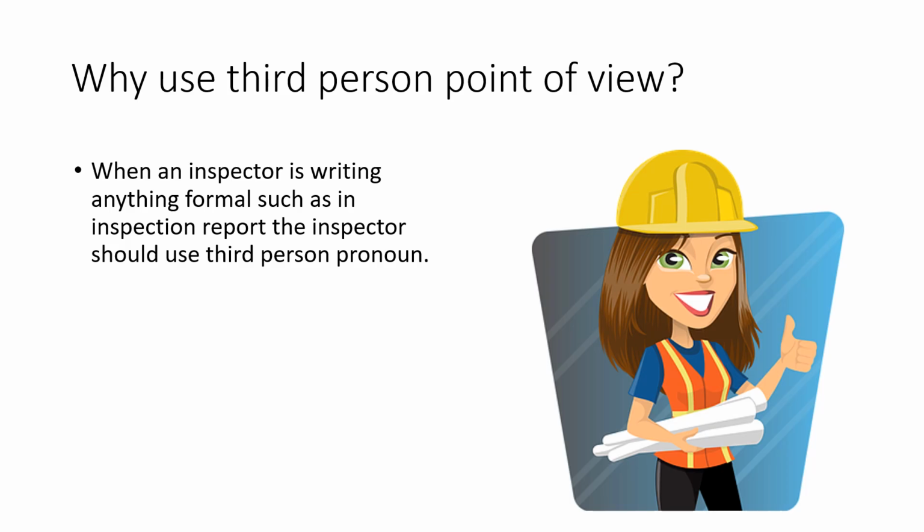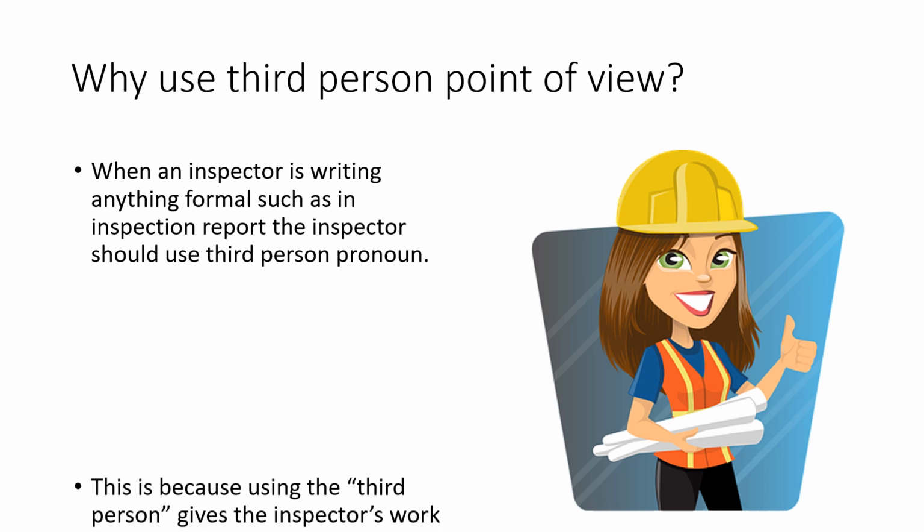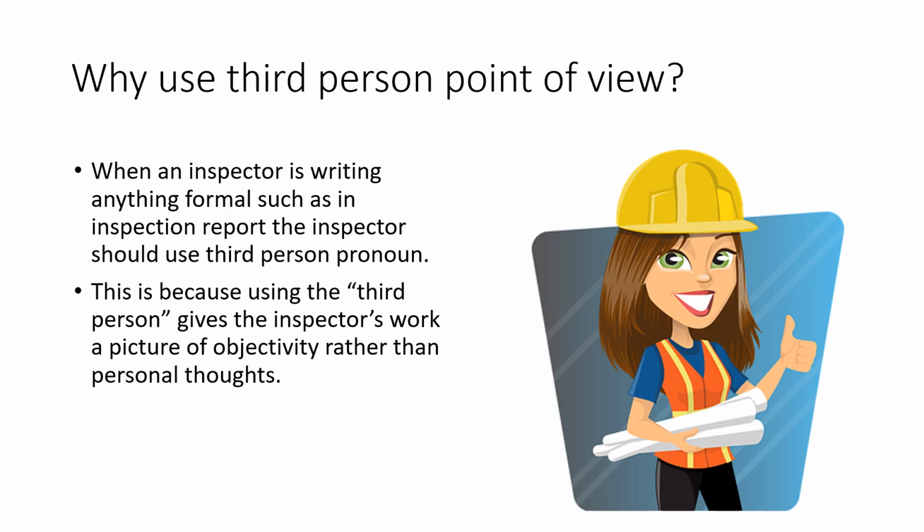And so when we're writing anything formal, like an inspection report, we should use third person pronouns. And if we're using the third person, it gives the inspector's work a picture of objectivity rather than personal thoughts. So by doing this, like I said, the inspector found 27 welds that were defective, not I found 27 welds.